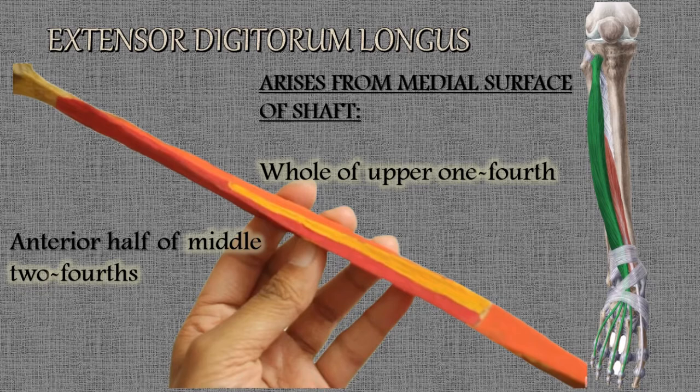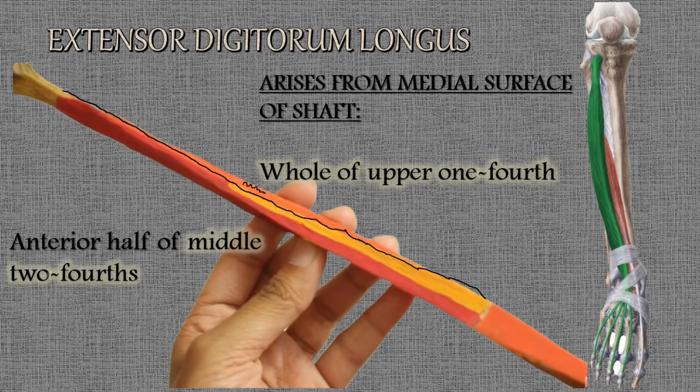Let me show you with the pointer. Yeah, the medial surface is starting from here. Now this is the medial surface, right? This one. This orange region is the medial crest.